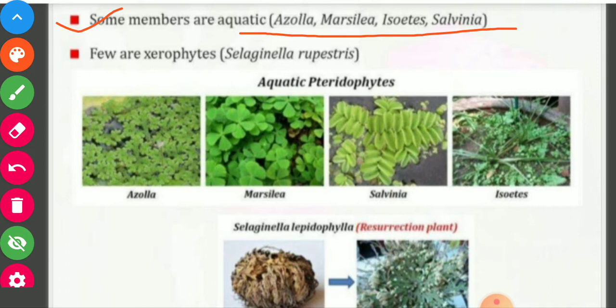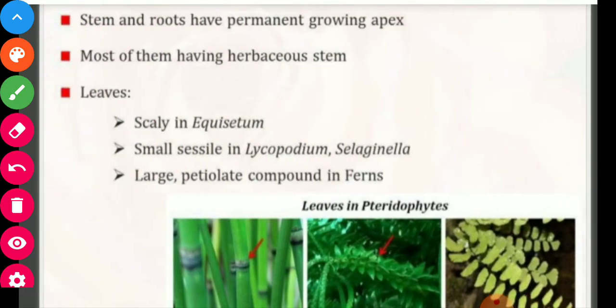Few are xerophytic also. They are found in xeric conditions, dry conditions, like Selaginella. It is found in xerophytic condition. Stems and roots have permanent growing apex, a characteristic of pteridophytes.